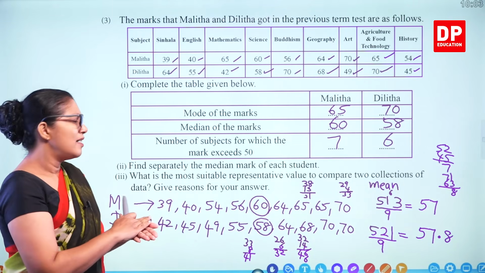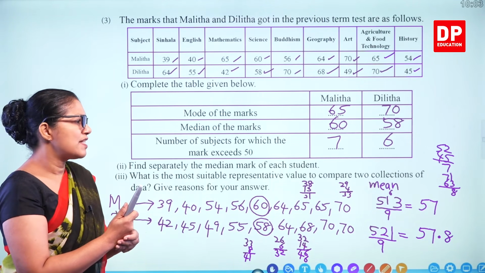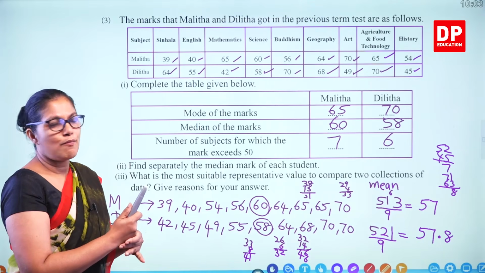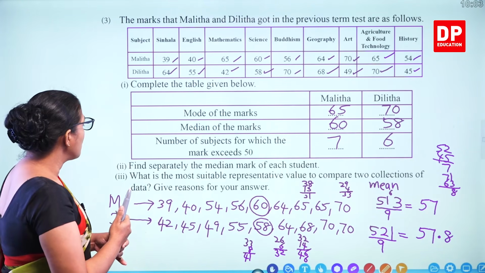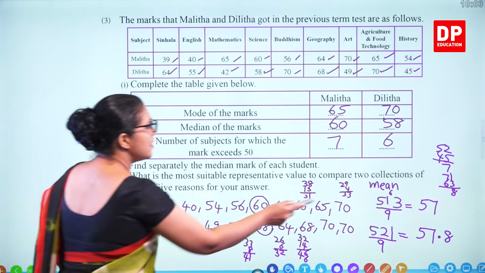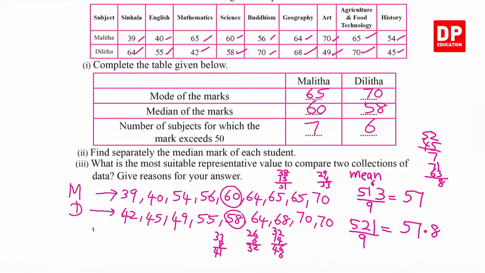But both are nearly equal, because 57 and 58 are almost the same values. So give reasons for your answer. So here the most representative value is the mean.